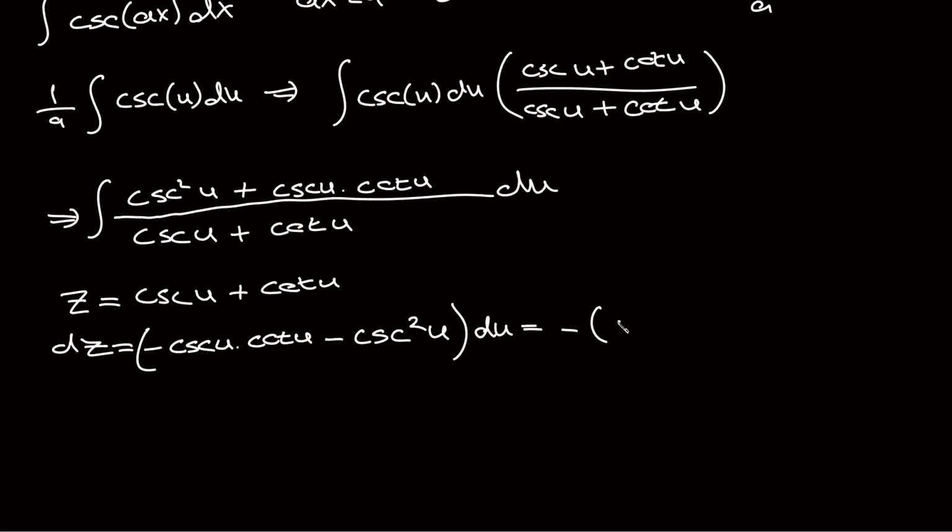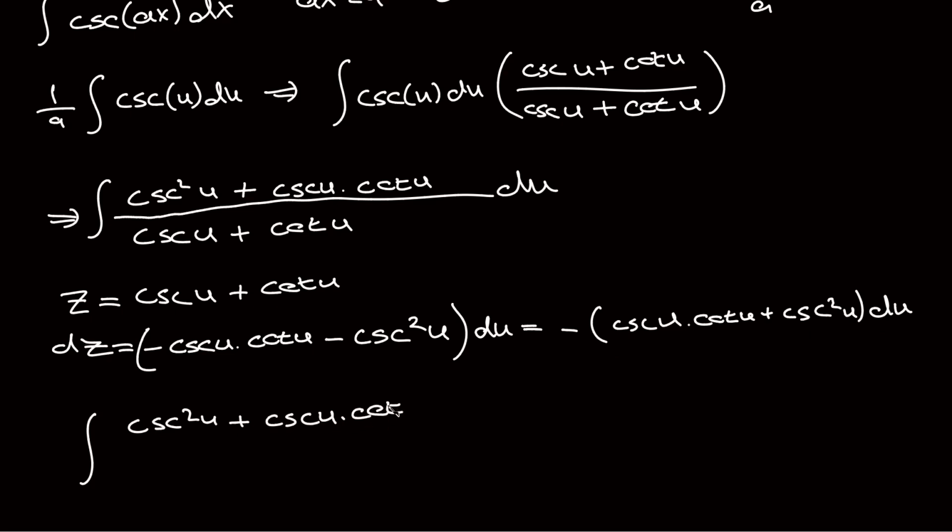I can write this as negative cosecant u times cotangent u plus cosecant squared u, du. And again, you will see that this differentiated function is exactly the same as the numerator. So this becomes cosecant squared u plus cosecant u times cotangent u over z times the negative sign. I will take the negative sign out of the integral.